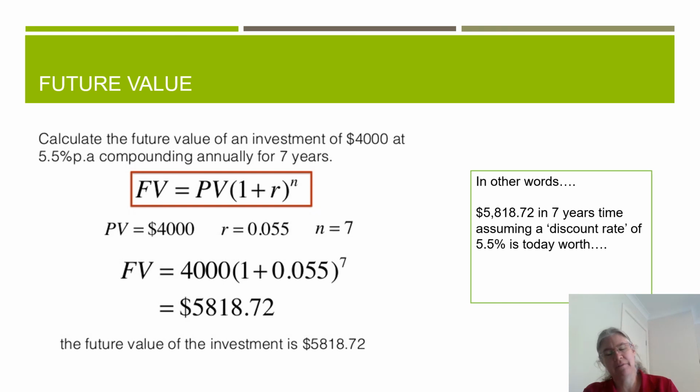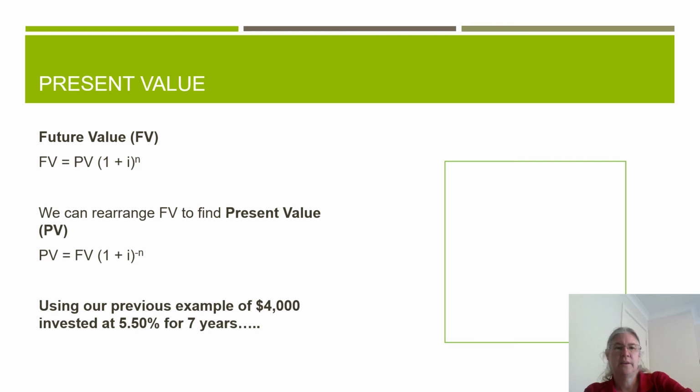So we can flip it around and look at it in a different direction. So that means $5,818 in 7 years' time, if there was a discount rate of 5.5%, well, that's worth $4,000. So here's our formula. Future value equals present value times 1 plus i to the power of n.